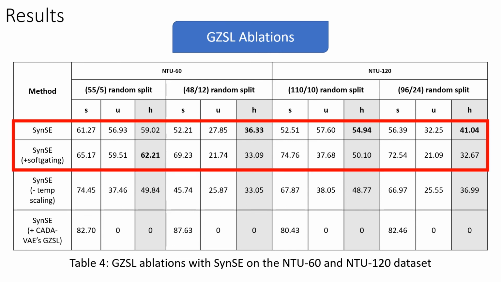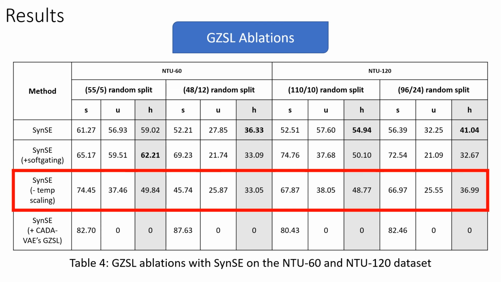We see that using a soft gating mechanism as described by Atzmon et al. generally results in poorer unseen accuracies and hence a poor harmonic performance, with the exception of the 55 by 5 split. The third row shows the significance of temperature scaling the seen class probabilities before training the gating module. As expected, not performing temperature scaling results in a decrease in performance.